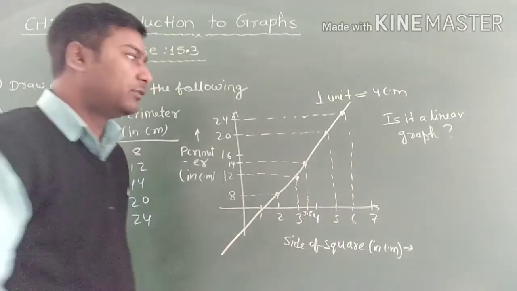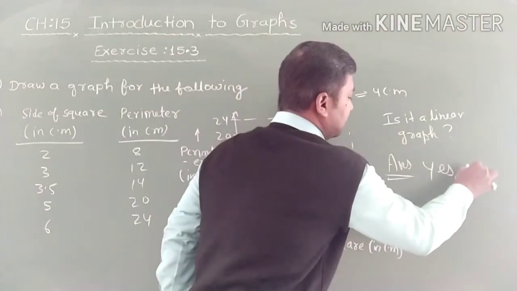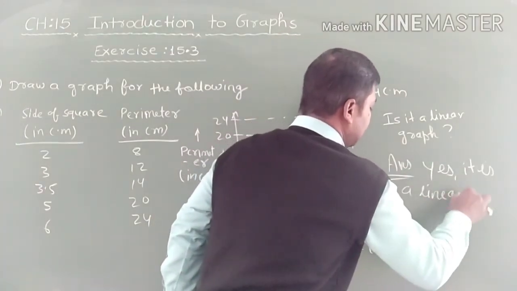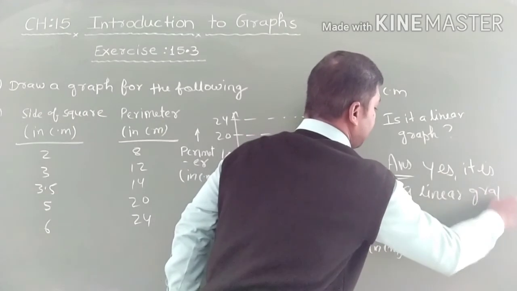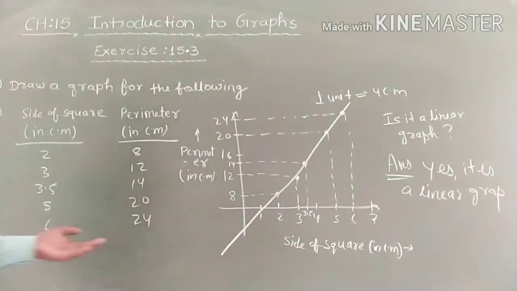Okay, so we can write as answer, yes, it is a linear graph. Okay, so this is the final answer. Now this one is the first part. Now next, second part.